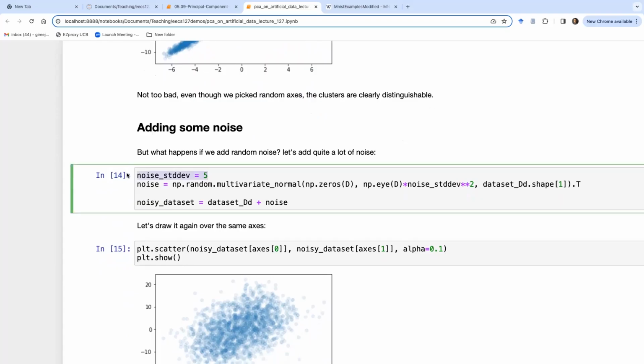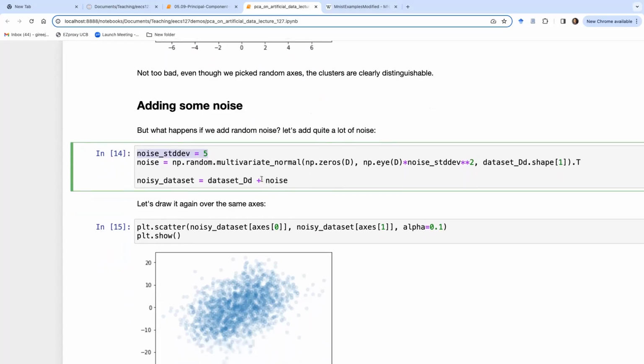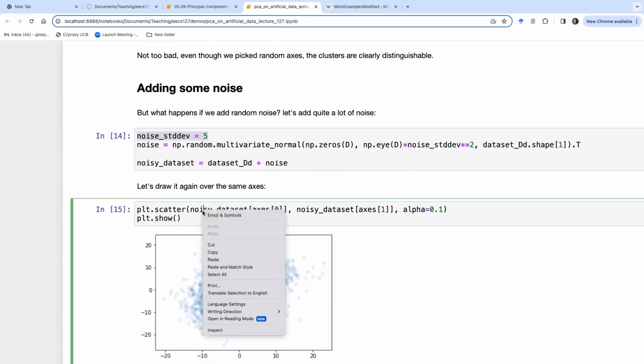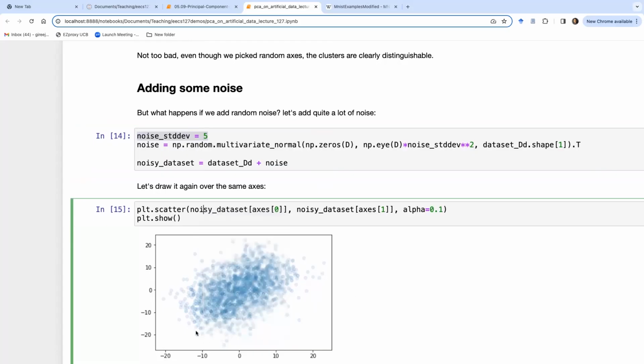Remember my means were 5, so this is a lot of noise compared to those means. I do the same thing. I do the same projection into 25 dimensions, and then projection back down to 2 dimensions. And now look at what my data looks like. All these clusters are merged and blurred into one another, right? I cannot see those underlying 4 clusters that I had.